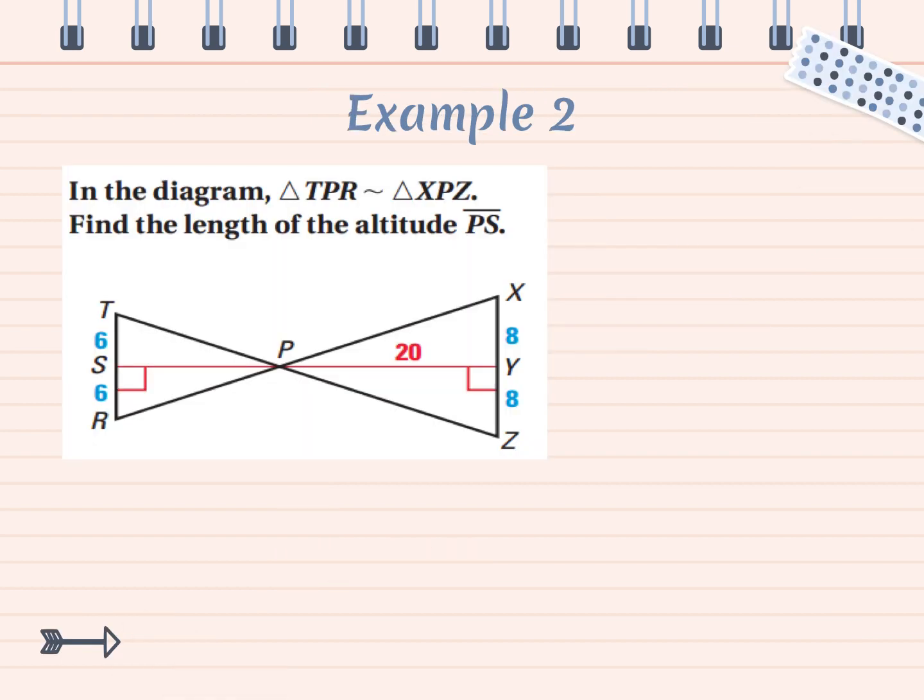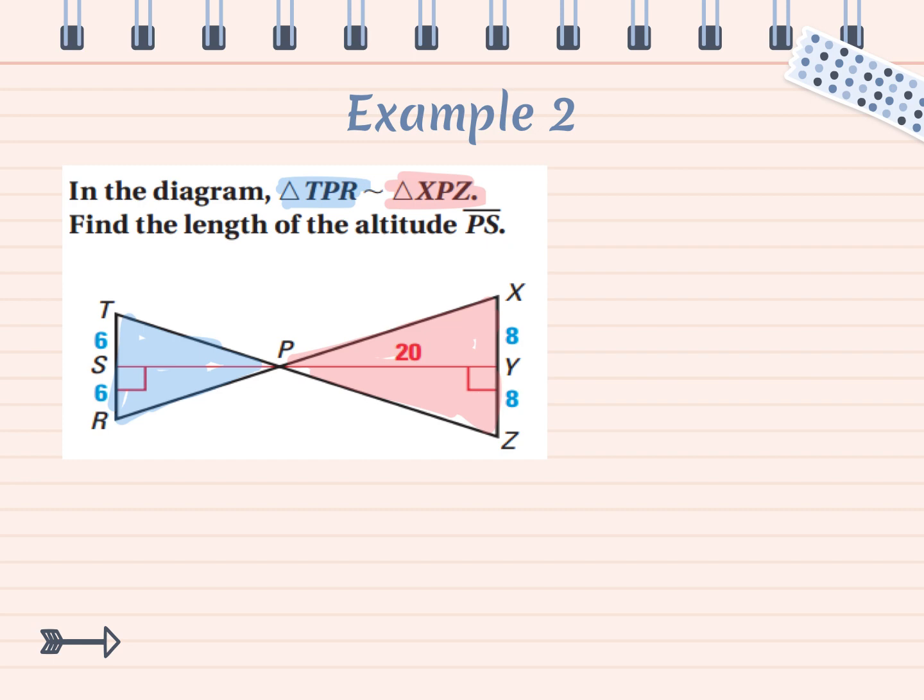So in the diagram, they're telling us that triangle TPR, this one over here, is similar to this one, XPZ, on the right. They want me to find the length of the altitude. Now, if you remember, before Christmas break, we learned about different parts of the triangle. We learned about medians and altitudes and perpendicular bisectors.